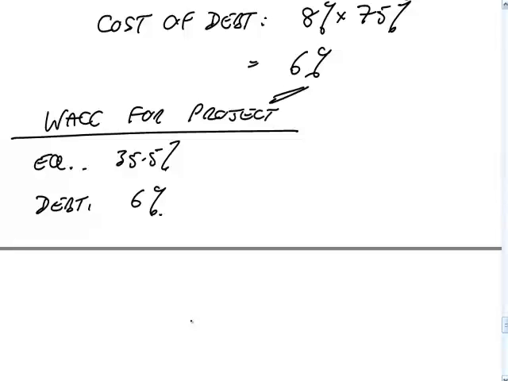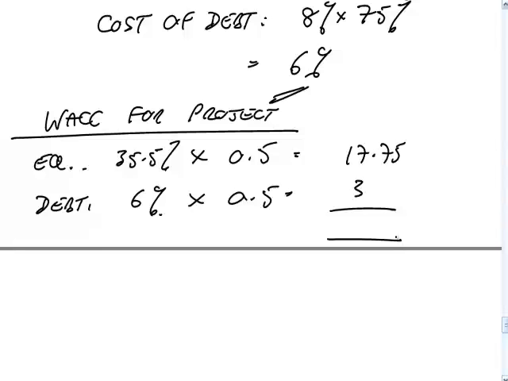How is the project geared? It was 50%, 50%. And so the weighted average, exactly normal workings. You better check, but I think it's 20.75. All right.